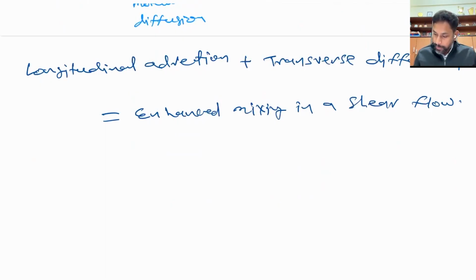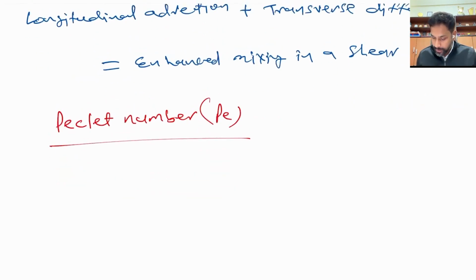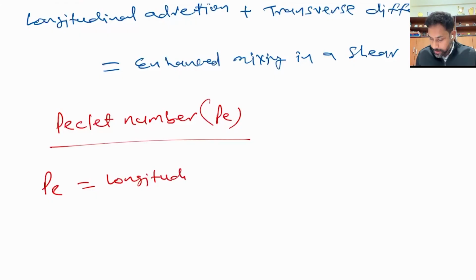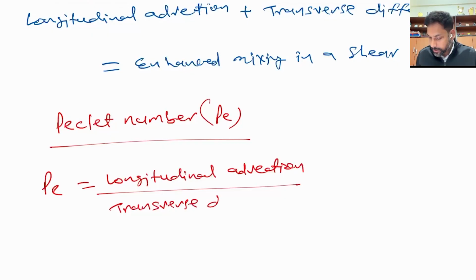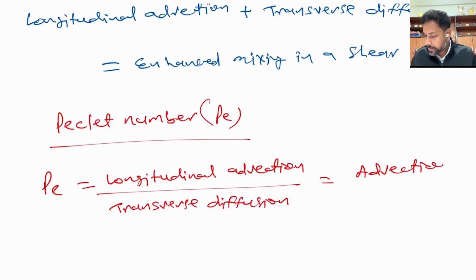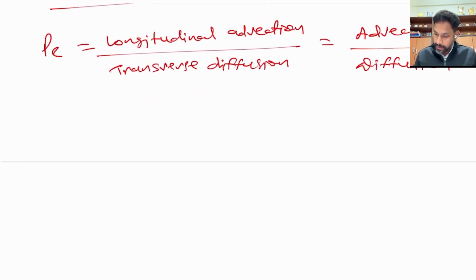So we define a number called Peclet number, okay, which gives you the ratio of longitudinal advection over transverse diffusion, which is usually just written as advection over diffusion.